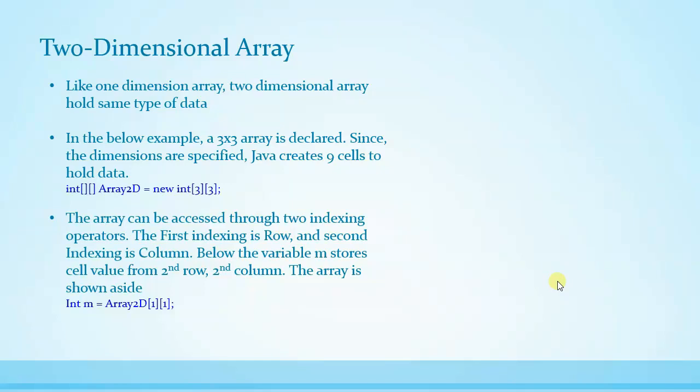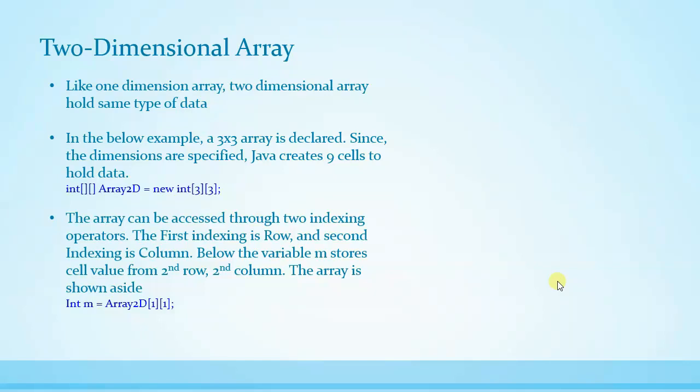So that means we need two indexing operators. One indexing operator tells where the row is, and the second tells where the column is. So these two indexing operators together identify a cell.